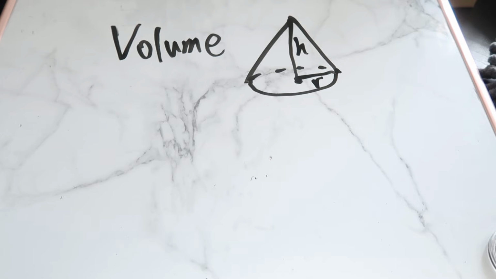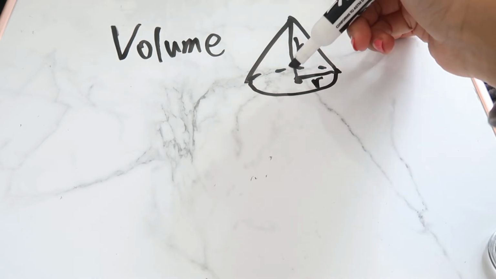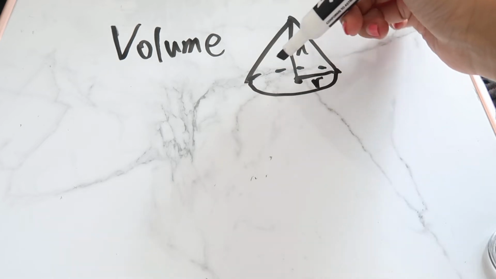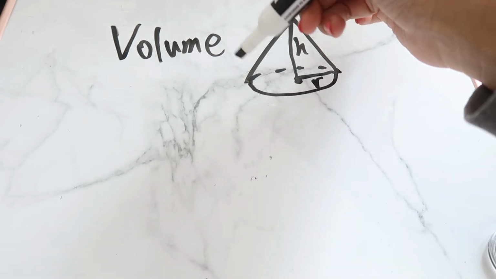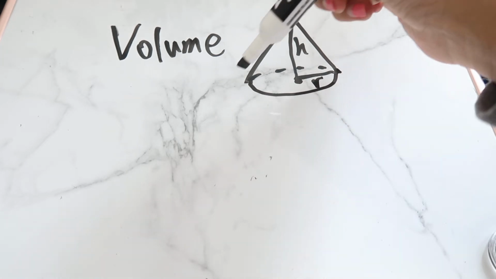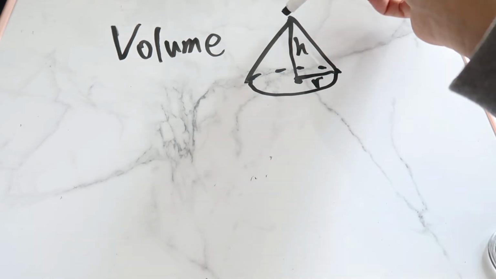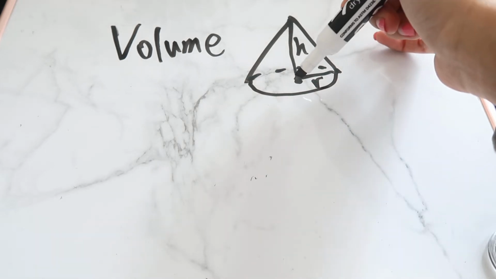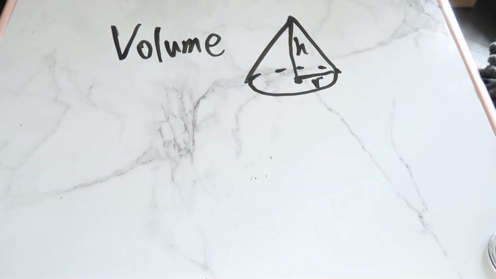So the difference between a volume and a surface area is that for the volume, we actually use the actual height in the middle, versus the surface area will use the slant height from the side. Because if you think about it, the slant height is part of the surface, and the height is about how tall this cone is from the top all the way down to the bottom. So that's why it's the height in the middle.